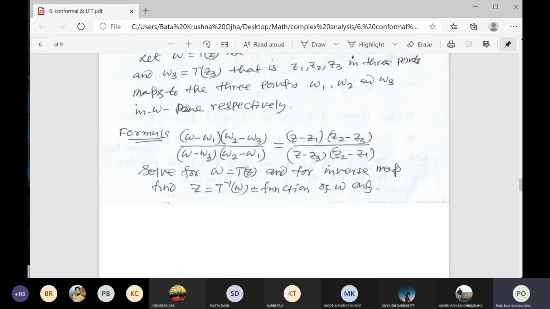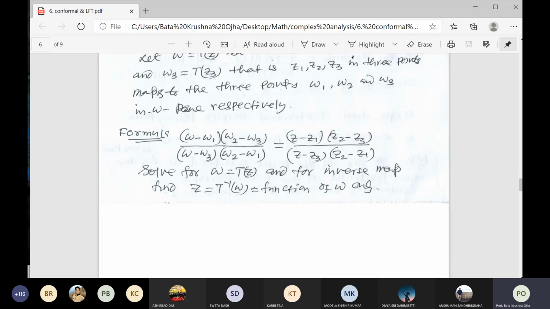So W minus W3, next W2 minus W1. Just remember like that, is equal to the same sequence: (Z minus Z1)(Z2 minus Z3) divided by (Z minus Z3)(Z2 minus Z1). You remember this formula?